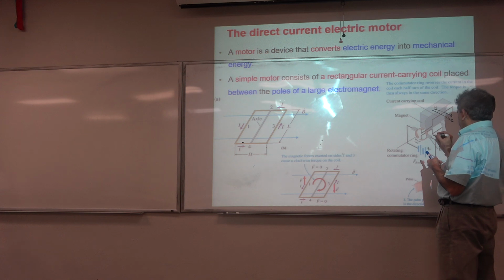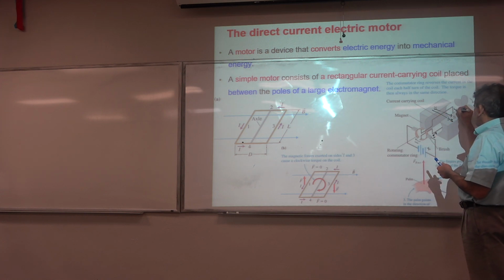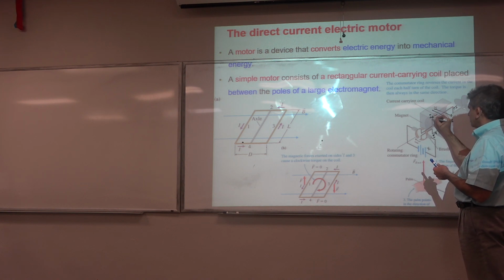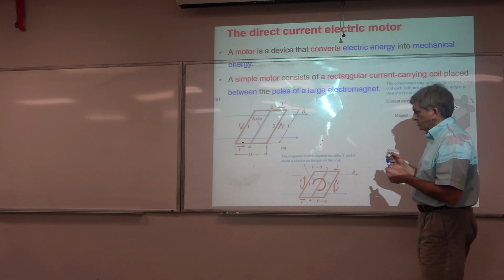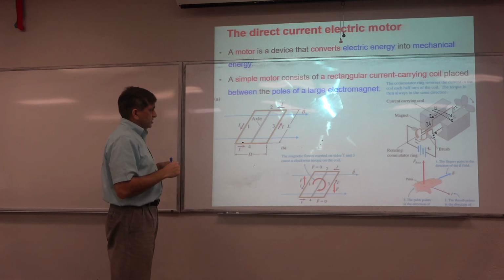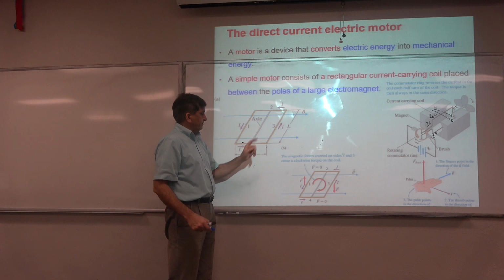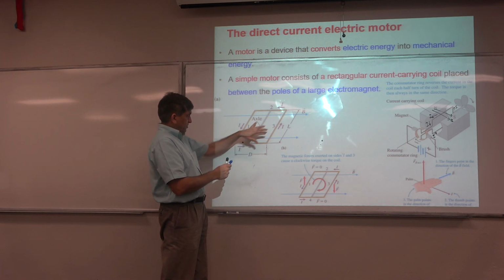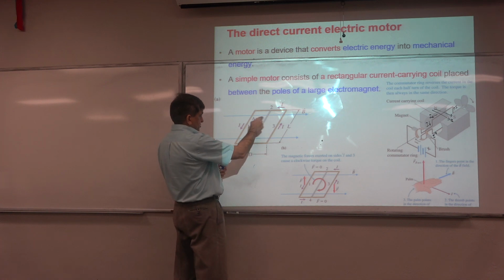This is the direction of the current over here, I, and over here, I, and over here, I, and over here, I. Right? So let's look at this. Now within the magnetic field, I put that part over here, in the kind of whole closed loop. So the current is moving like this, okay?